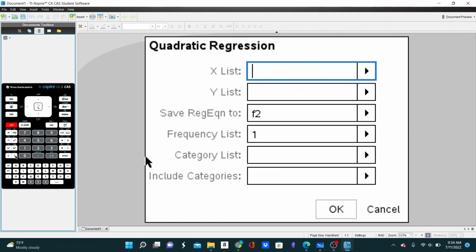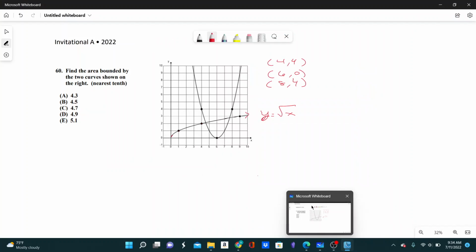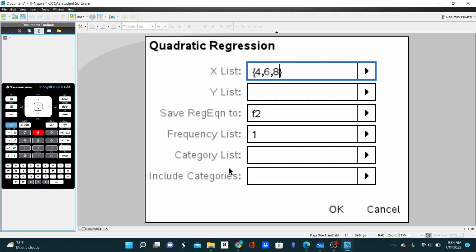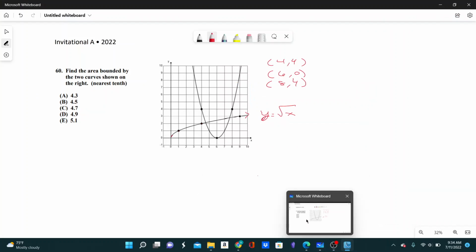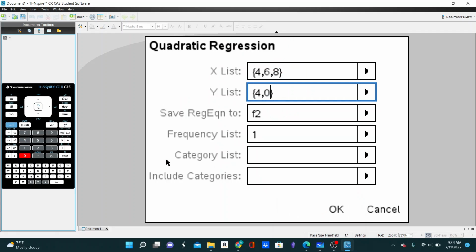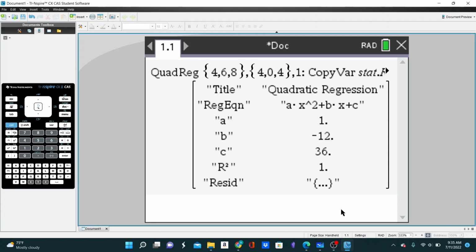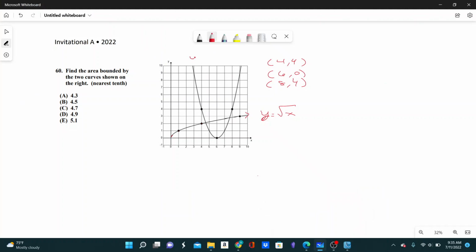And then I put in my x list, 4, 6, 8, and then my y list, 4, 0, 4. So we have x squared minus 12x plus 36. So for this equation, y equals x squared minus 12x plus 36.